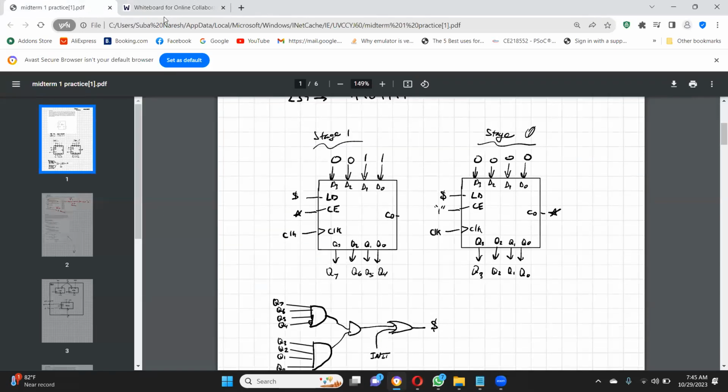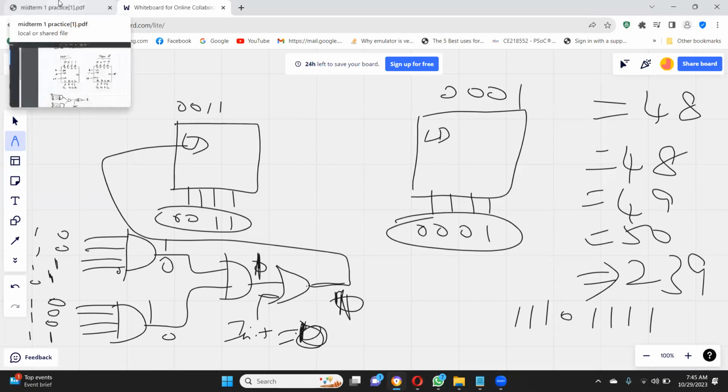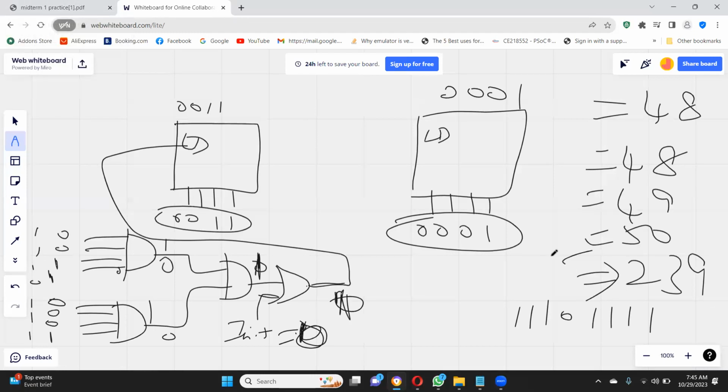Next, what happens? The output will become 1, and I will connect this to the counter stage. It will stop counting here. 239 will be my last counter.